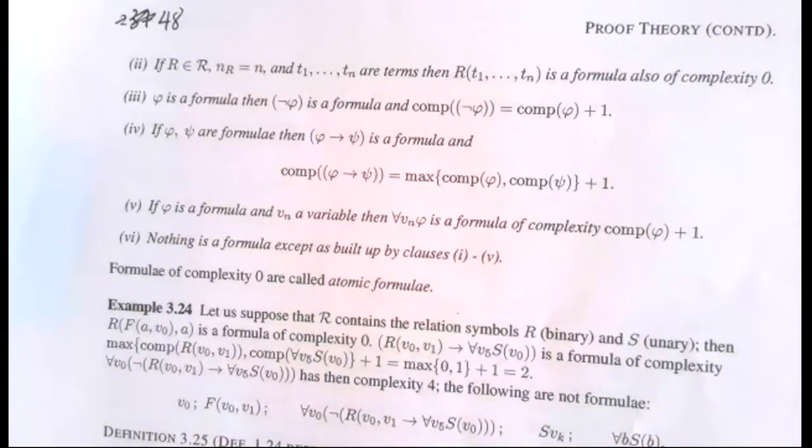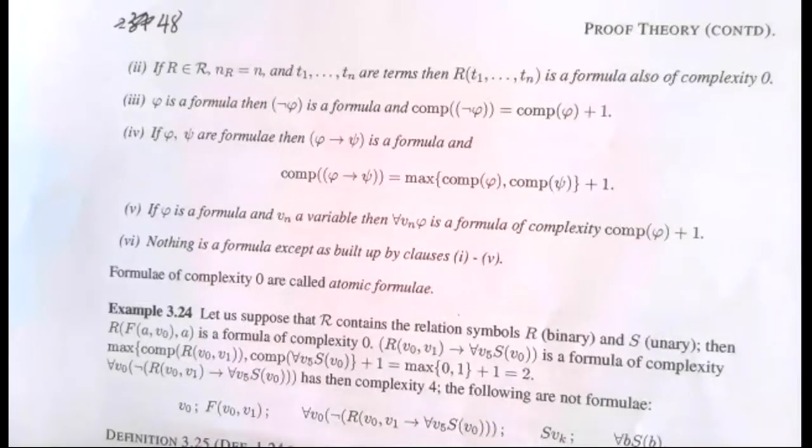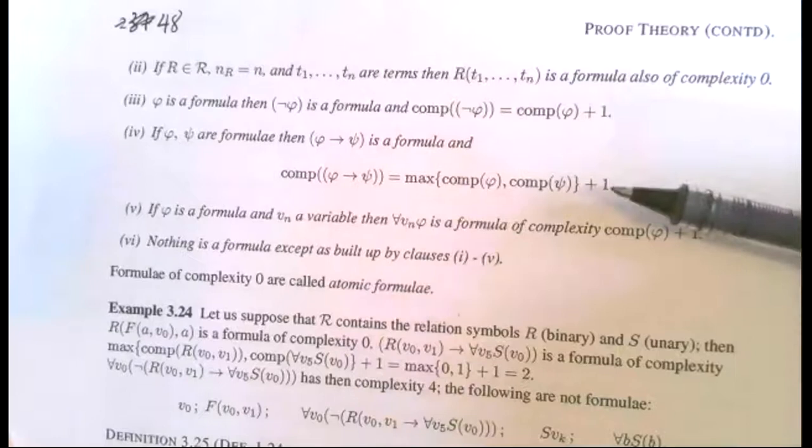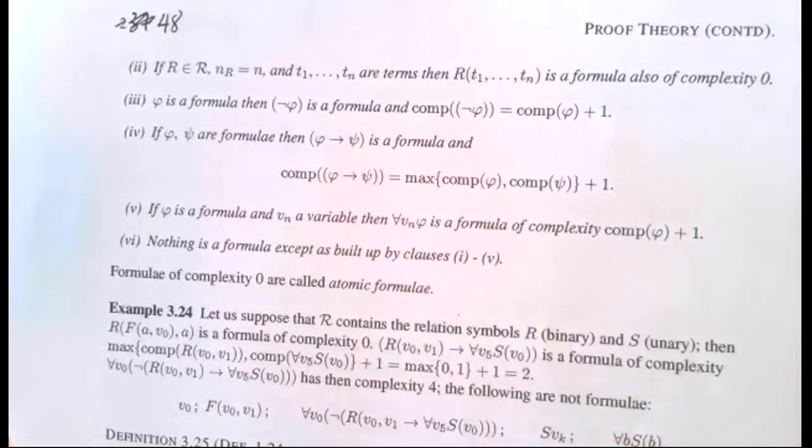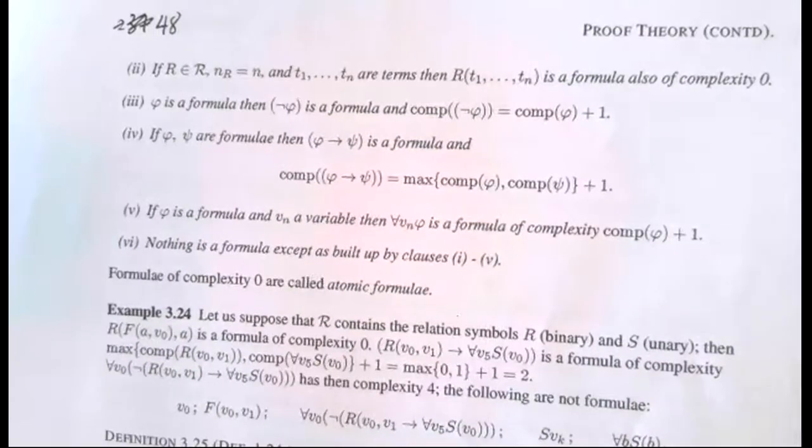We can say, if all formulae of complexity n have a certain property p, and then you show that this implies all formulae of complexity n plus 1 have property p, then, hey presto, by induction, all formulae have property p. So that's the reason for this kind of number assignment of complexity values to formulae, and ditto for terms here. That's why we do it.